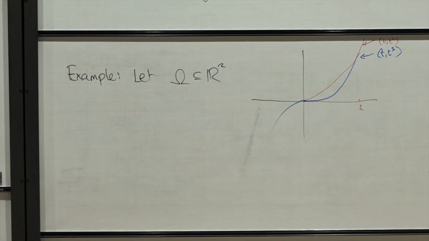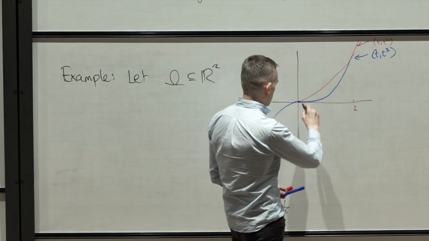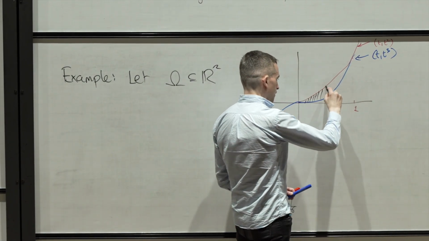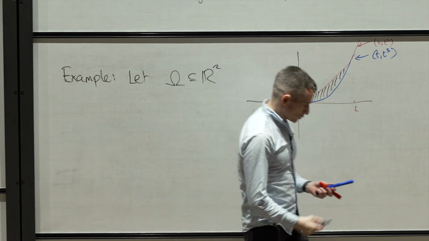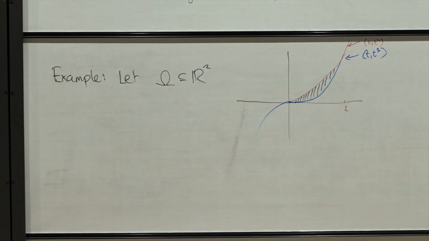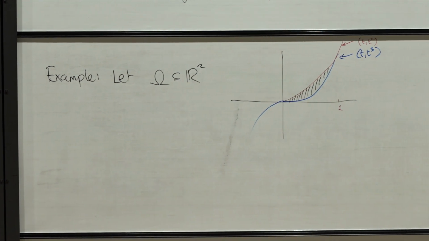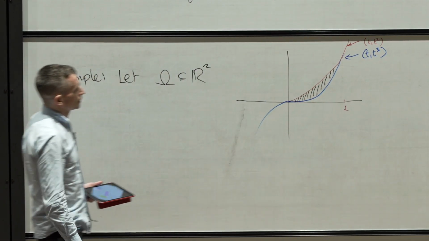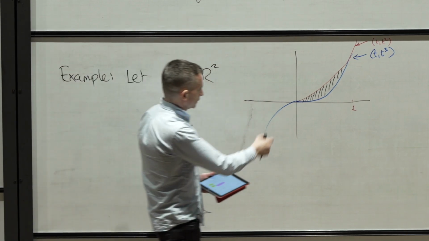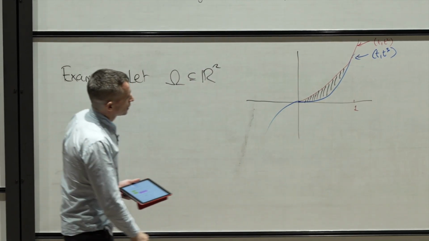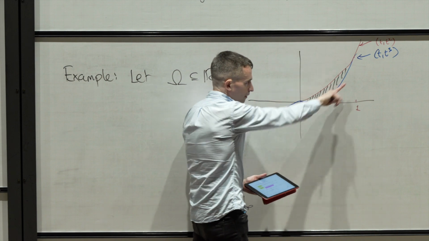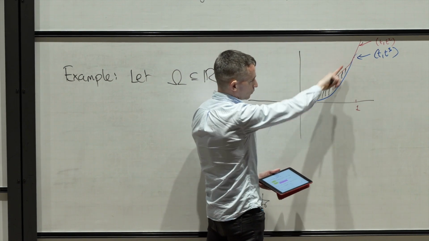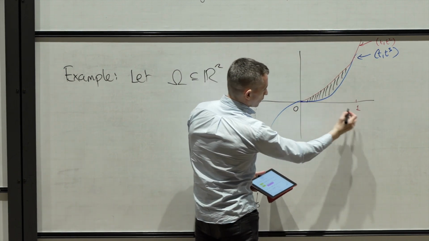Okay, and then the region that I care about is just the stuff in between. So it's just this kind of little slice that's bounded between the graph of y is x cubed and y is x squared between 0 and 1.